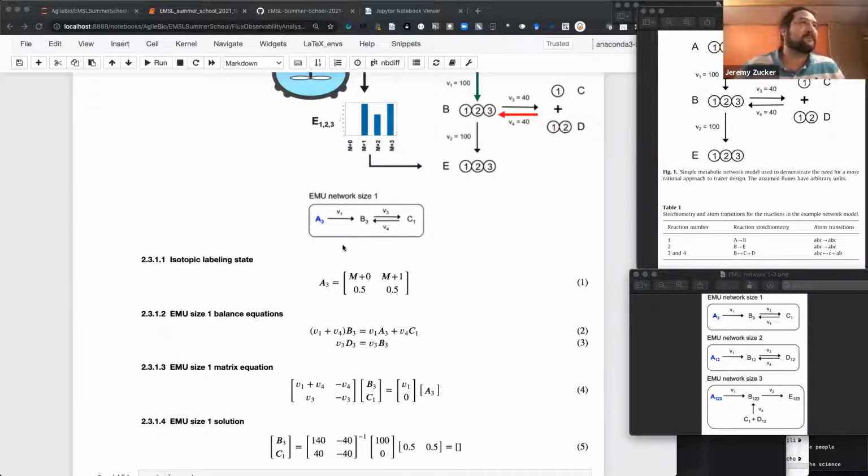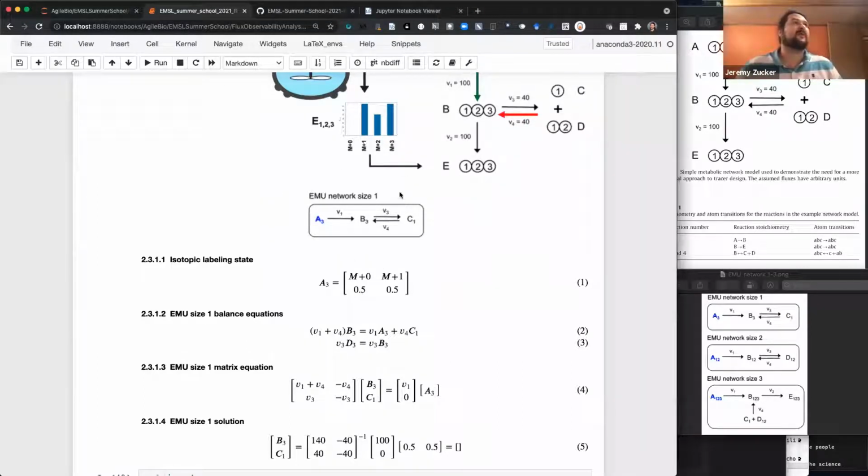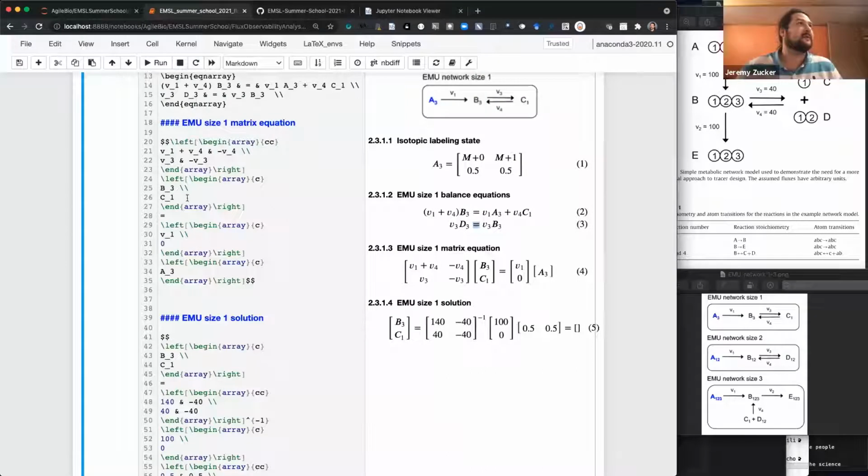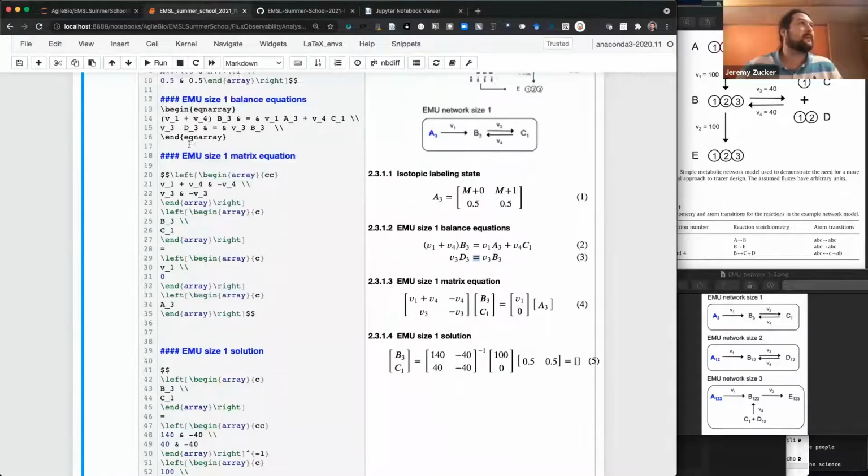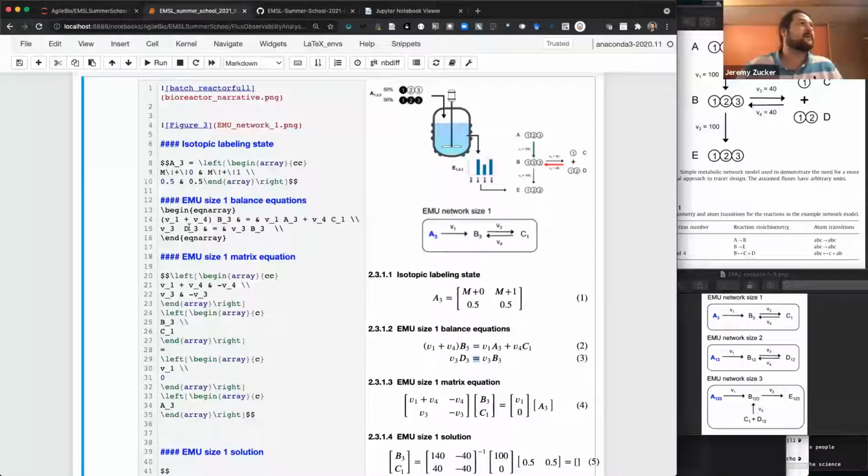All right. So we're good here. We can see how we get this balance equation here, and we can see how we get it for C1. Is this right? This should be C3.